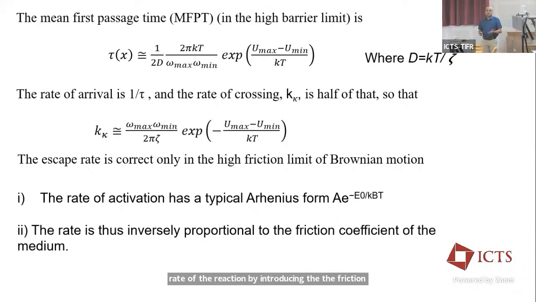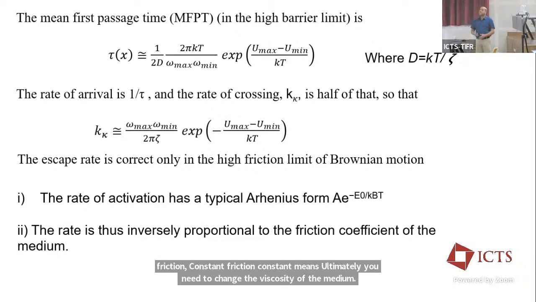Friction constant means you can change the medium, and ultimately you can control the rate of the reaction. The rate of reaction you can increase or decrease depending on what the friction constant is. Friction constant means ultimately you need to change the viscosity of the medium. So that is also related by this Stokes-Einstein relation. Just keep that in mind.